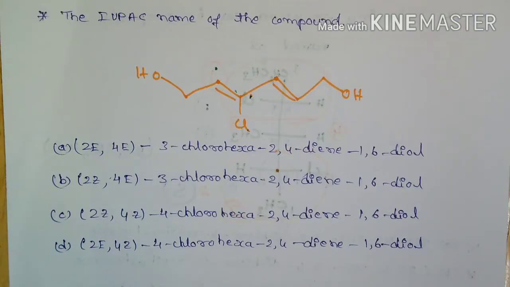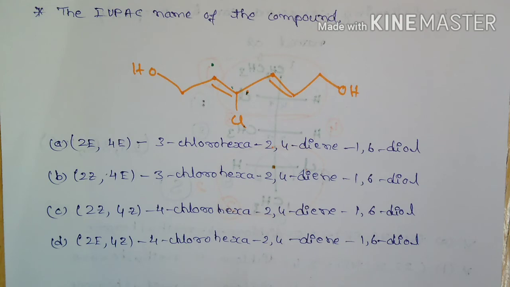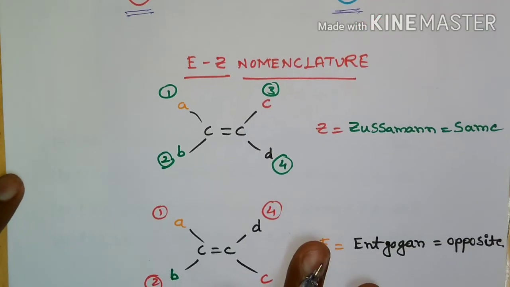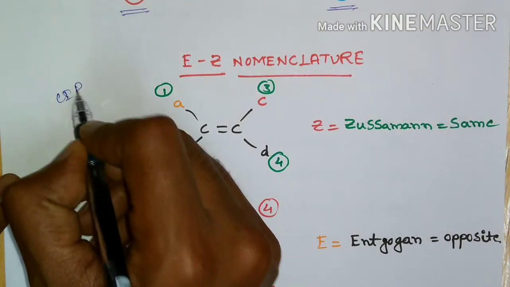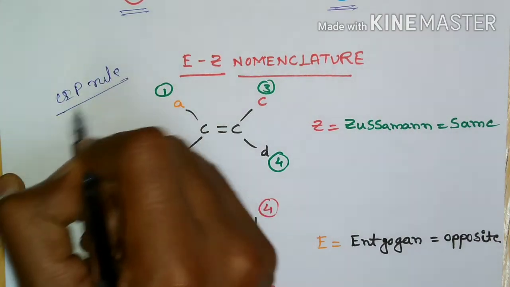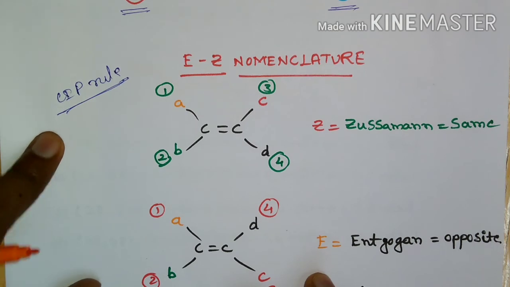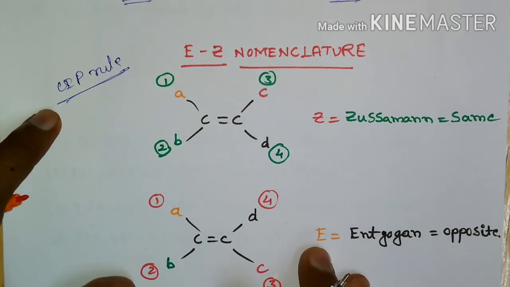The IUPAC name of this compound. So here the nomenclature we need to know is EZ nomenclature, based on the CIP rule. Whatever CIP rule we have used for the R and S configuration, for EZ nomenclature we are also going to use the same, that is we give higher priority based on the atomic number.